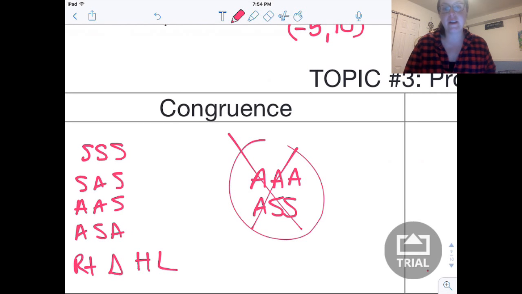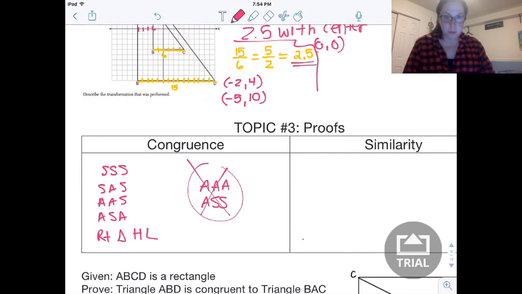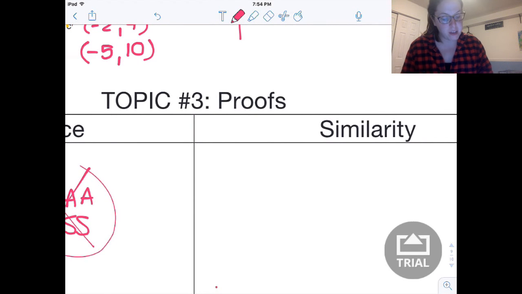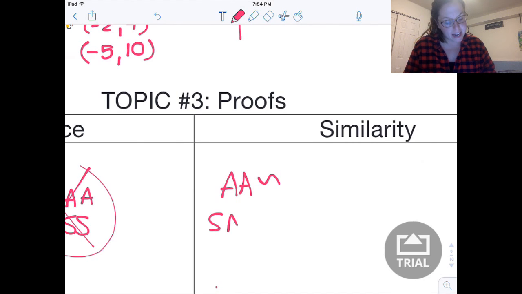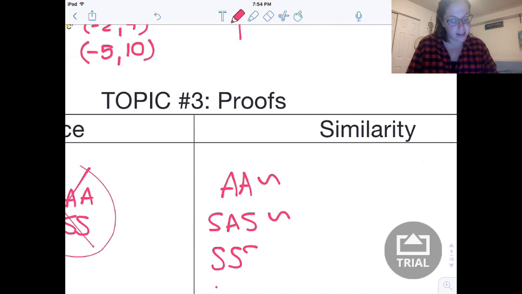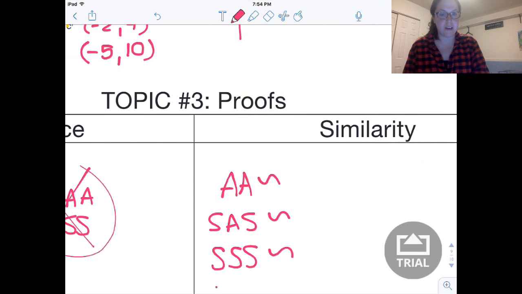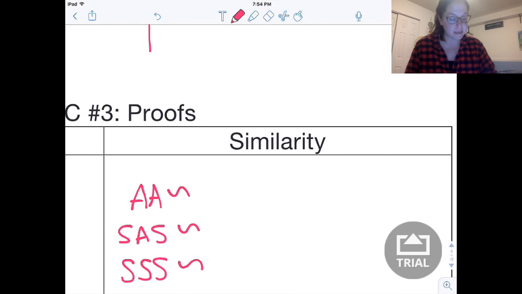For similarity, we have 3. There's really more, but they all come down to 3. We have angle, angle, similarity criteria. We have side, angle, side, similarity criteria. And we have side, side, side, similarity criteria. Now, I always get people asking me, what about angle, angle, side? Well, guess what? That's angle, angle. What about angle, side, angle?